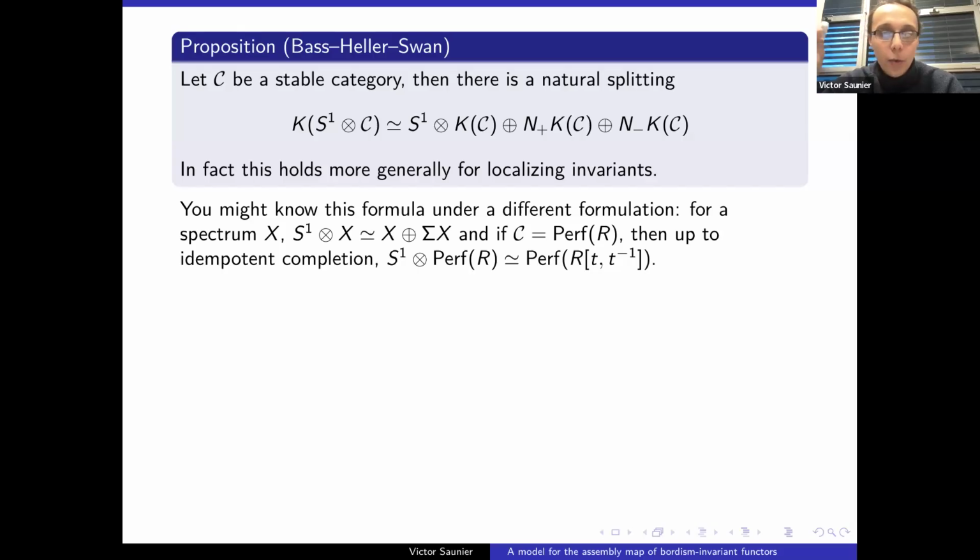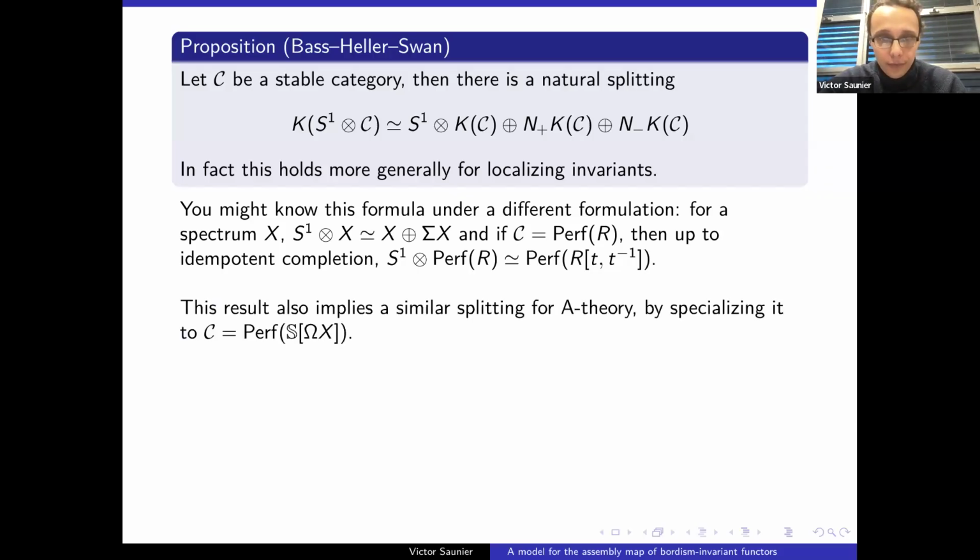It tells you there is one term that's just K of R, one term that's a shifted copy of K of R, and you have two extra bits, the positive and negative nil terms. It so happens that if R is regular, these two vanish, but in general, the best you can say is that there are those two extra bits.